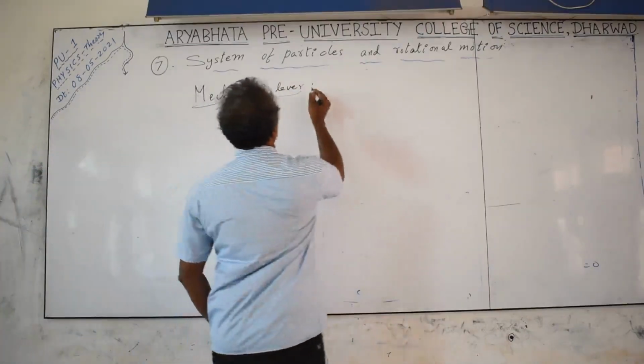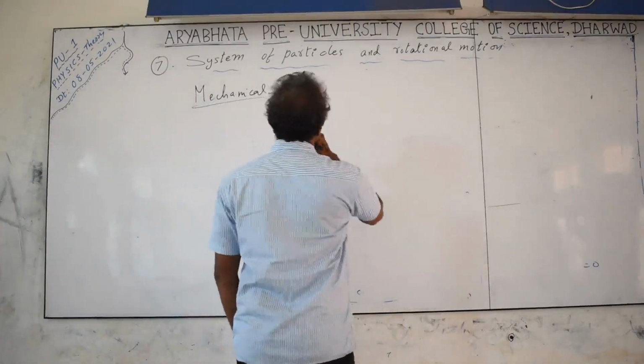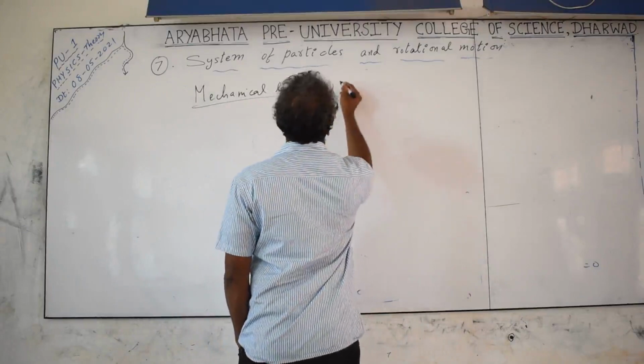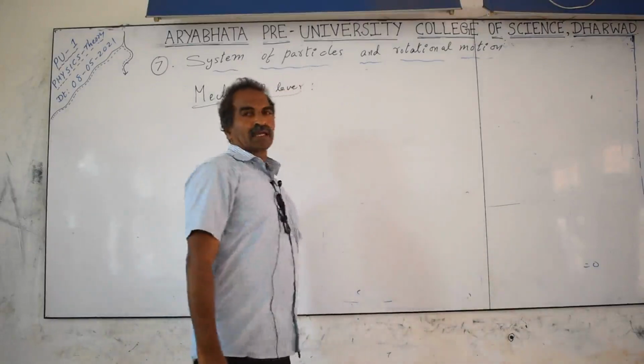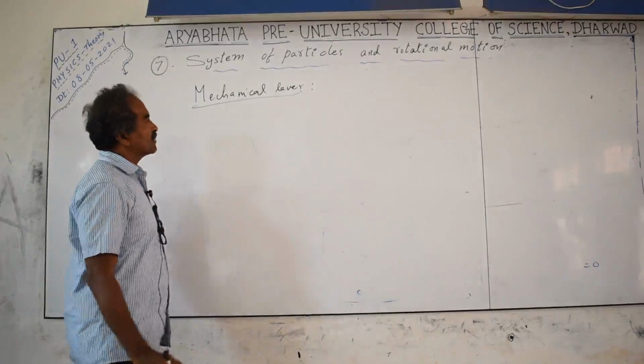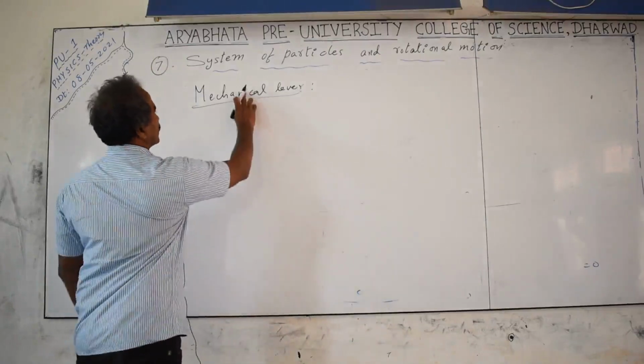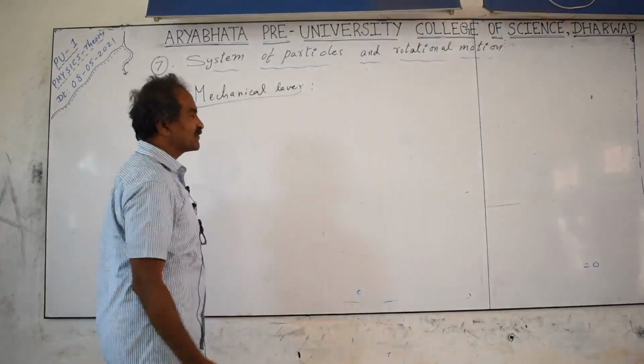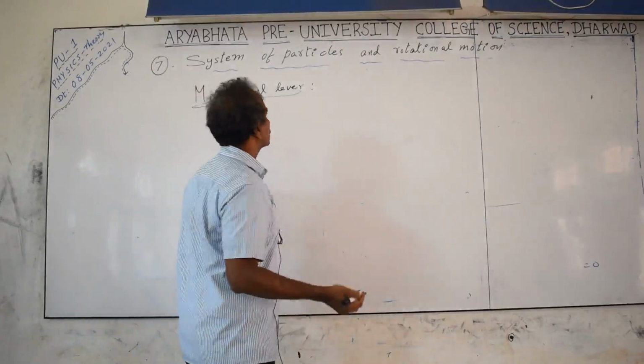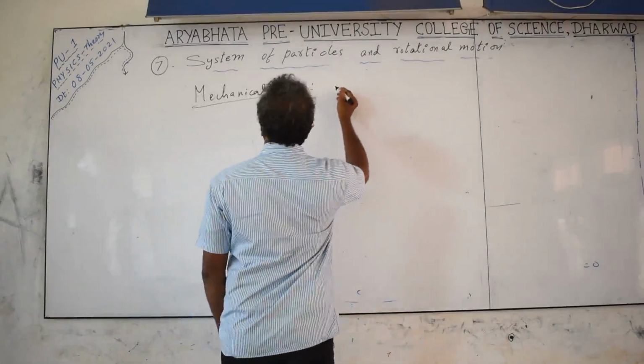Mechanical lever, working principle. It is a device containing parts, 3 parts will be there, which we'll discuss later. It is a device which is used to lift heavy objects with less force.